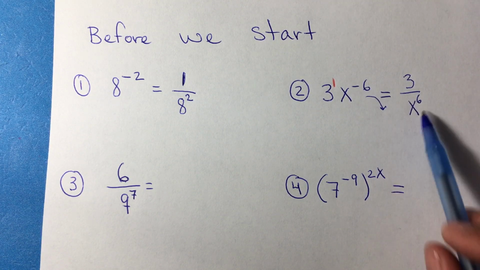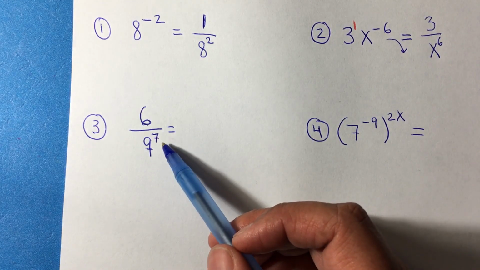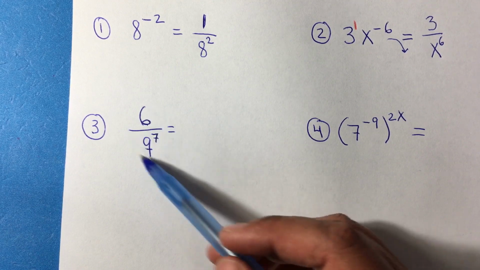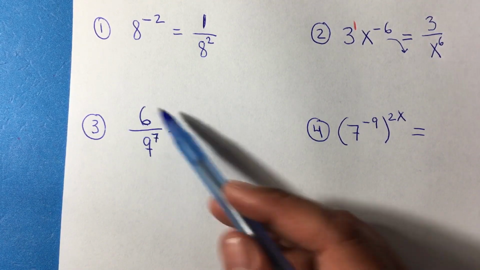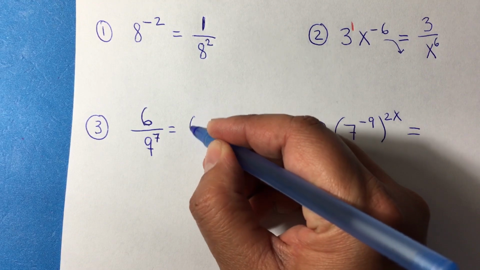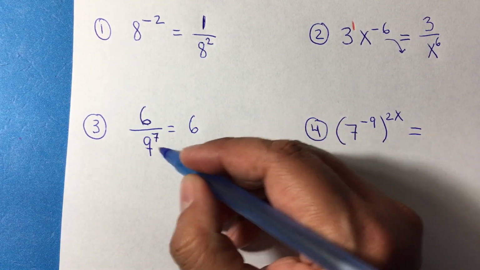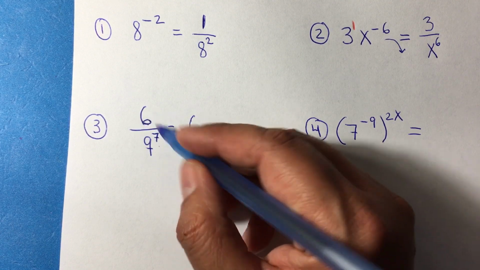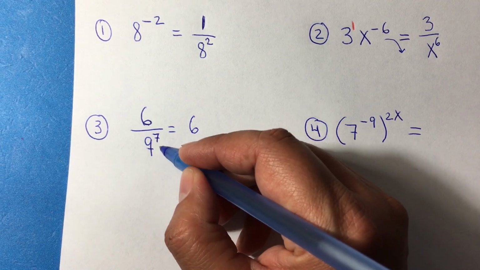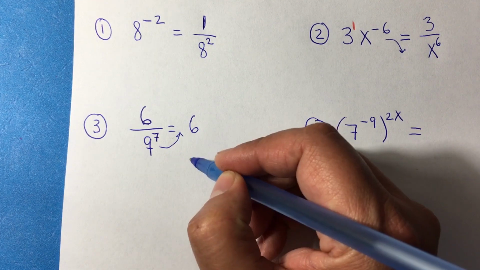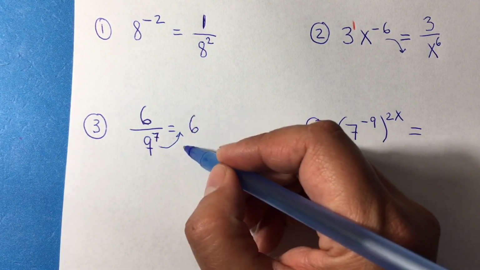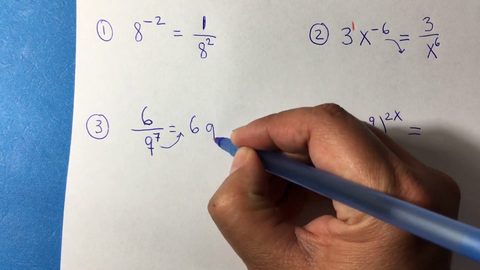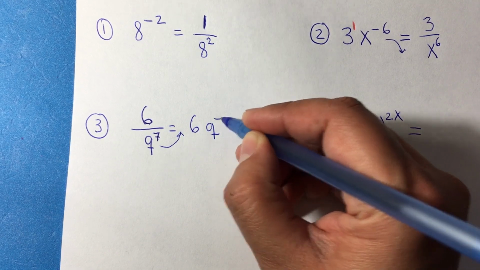Now it's positive. In here, let's say that we want to make it into a non-fraction, okay? We don't want it as a fraction. So the 6 is going to stay up there where it is, but we don't want this to be a fraction. And this is something that we will need in our lesson. That's why we're doing this. It goes to the numerator, from the denominator to the numerator, but because in here it's positive 7, by bringing it up there, it changes to a negative 7.